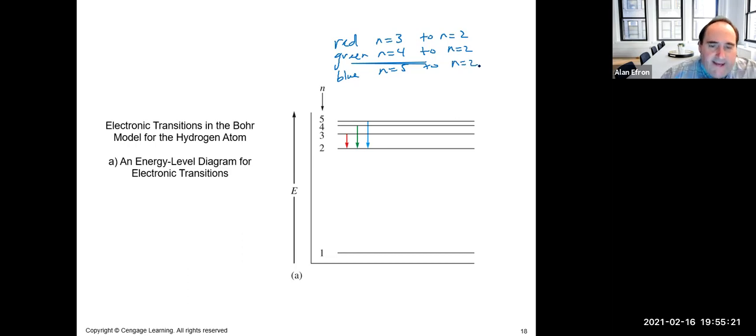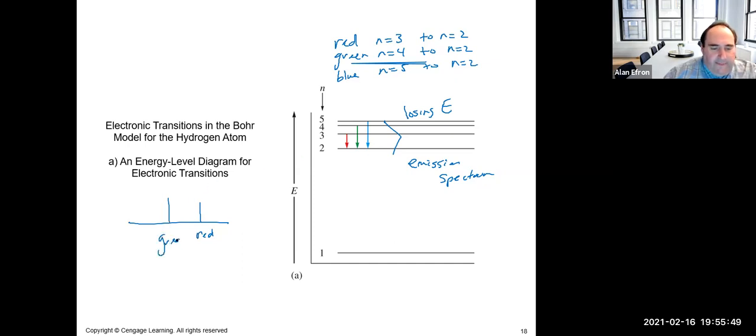Each of those electrons would be losing energy to do this, and that's why this is referred to as an emission spectrum. The transition with the red arrow we would see on the emission spectrum as a red line. The green guy would represent a green line, and the blue guy would represent a blue line. Again, they're losing energy as they go through this.